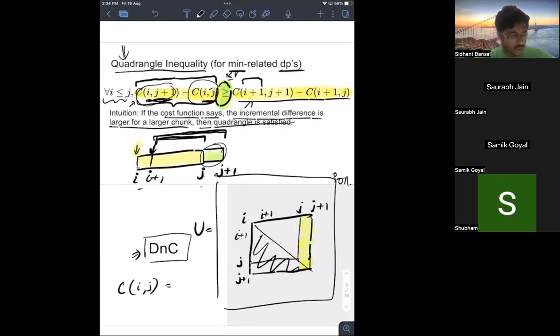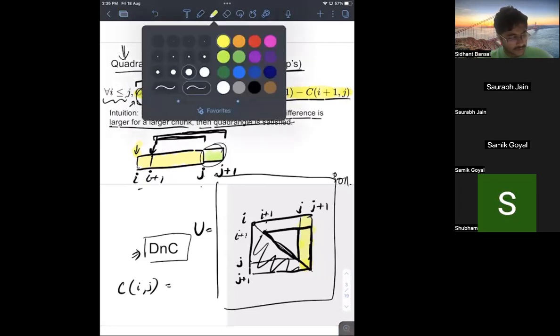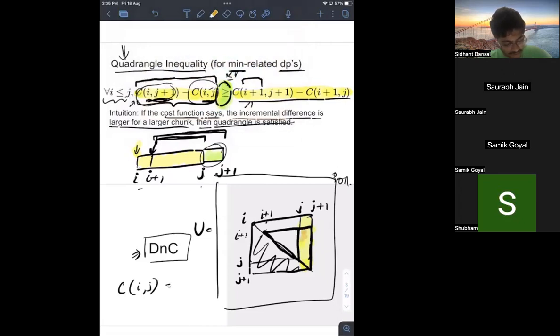And what is your cost from i plus 1 to j plus 1 minus i plus 1 to j? Again, instead of starting from the ith position, you're starting from the i plus 1th position. So from here to this triangle minus this triangle, if you look carefully. Let me shade this in orange. It's basically this difference.